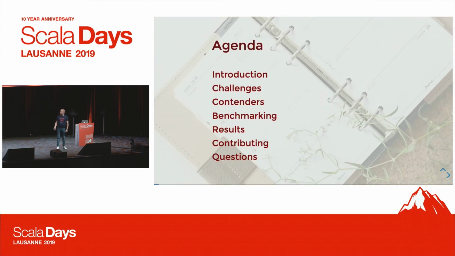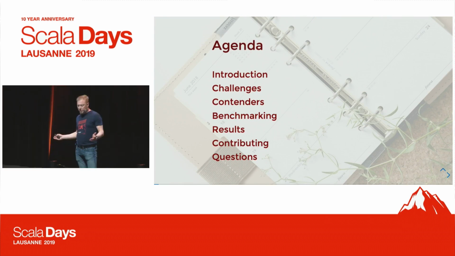So we're going to look first at an introduction, then we go through the challenges. We're going to look at some of the implementations, both the ones in 2.13, but also a set of other possible implementations, because there are quite a few ways of implementing, especially the immutable ones.